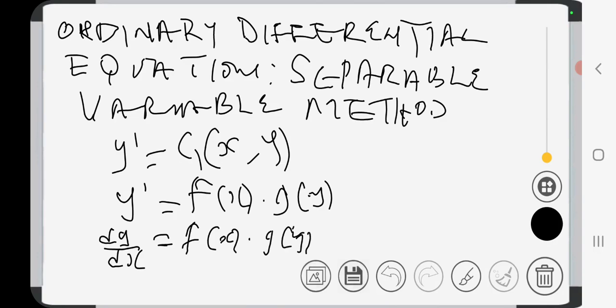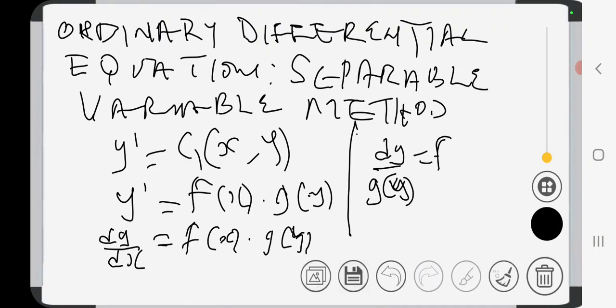By separating the variables, I will take the variable in y to the left hand side and the variable in x to the right hand side. So what I'm going to have is dy divided by g of y, and I carry the dx to the other side.